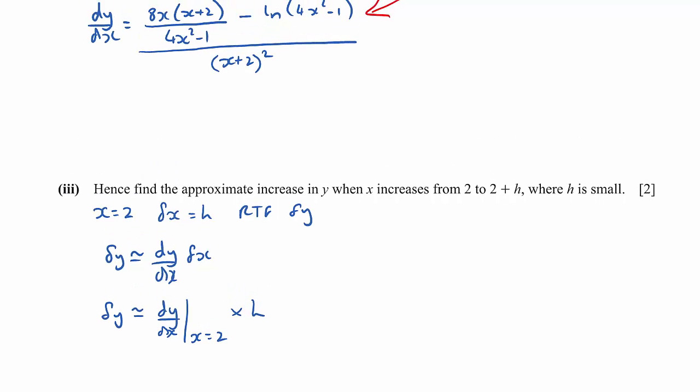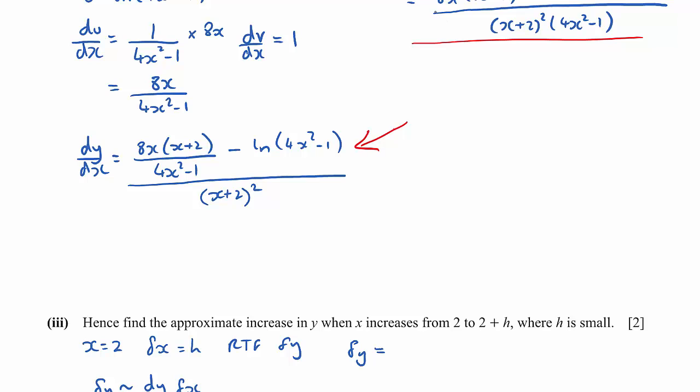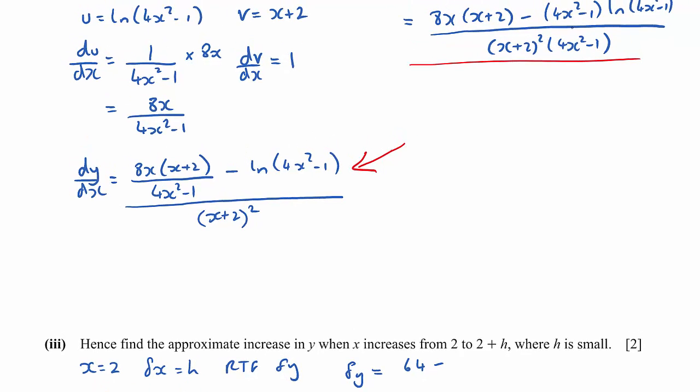So if x is equal to 2, what is dy/dx? So that will be 16 times 4, 64, take away 2 squared is 4 times 4 is 16, take away 1 is 15, ln 15.